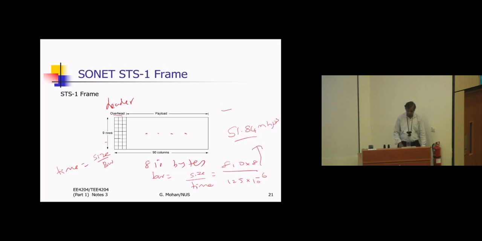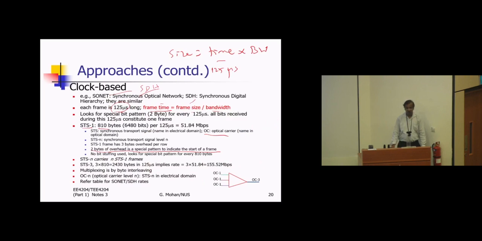Now, it uses TDM, or time division multiplexing. Let's say you consider an OC-3 multiplexer. OC-3 means it takes 3 OC-1 signals and multiplexes them into a higher rate OC-3 signal.